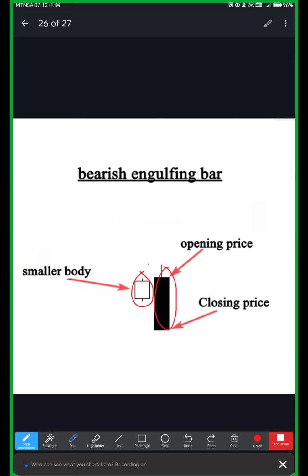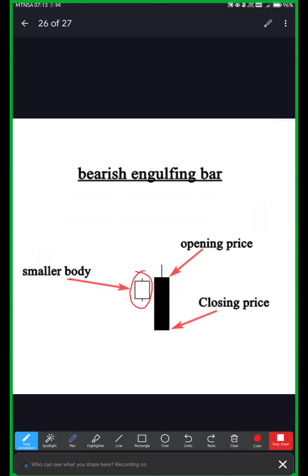In other words, the second body is the one that is engulfing the previous body. So this formation is called a bearish engulfing bar formation.